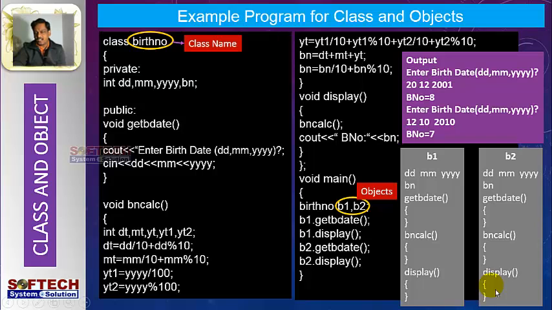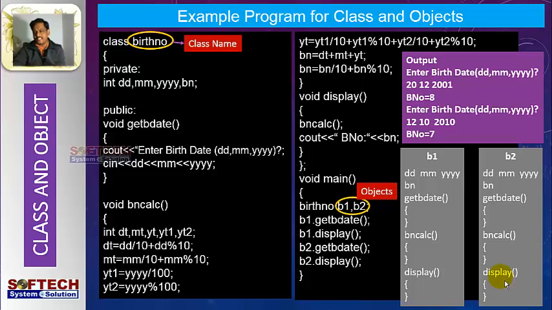So in bn_calc, we separate the individual digits of dd, that is 12: 1 plus 2, 3 is assigned to dt. Then 10 is separated into individual digits: 1 plus 0, 1 is assigned to mt. Then 2010 is separated: 20 in yt1, 10 in yt2, then yt equals 2 plus 0 plus 1 plus 0, so the value is 3.